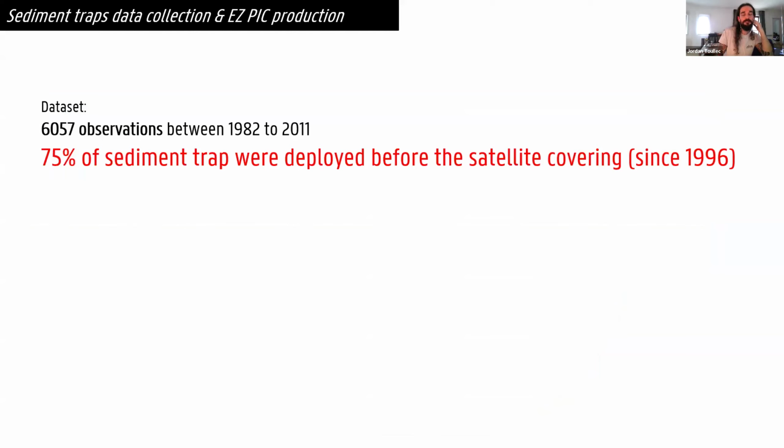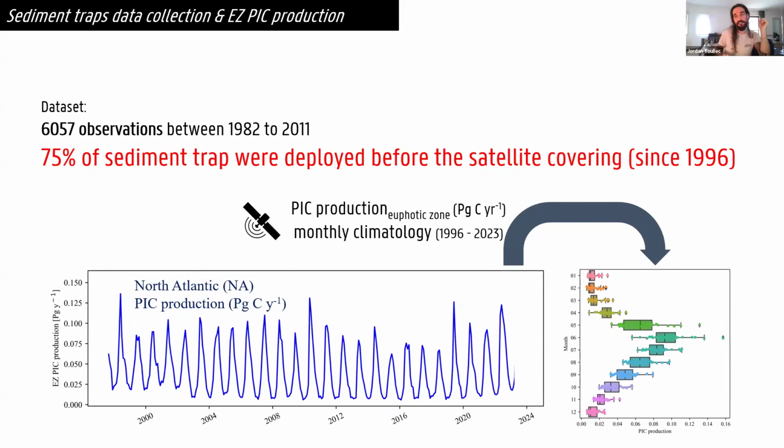So if you want a perfect matchup between the year, the month, and a specific location, the subset would be very low, and we would lose a lot of points. So we decided to work with monthly climatology.